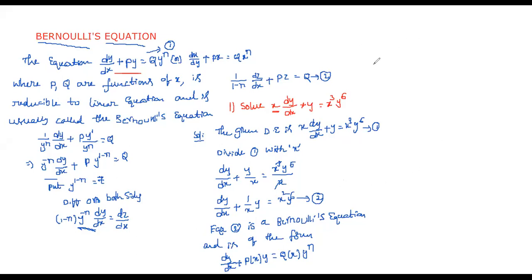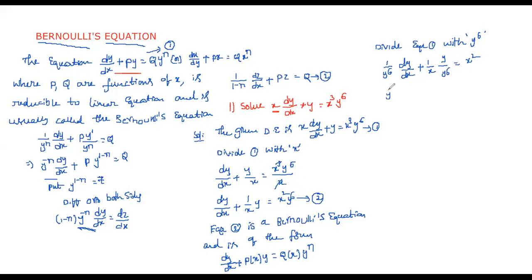For converting to linear, divide equation 1 with y power 6. If you divide that, what will we get? 1 by y power 6 into dy by dx plus 1 by x into y by y power 6 is equal to x squared. y power 6 by y power 6 is nothing but 1.